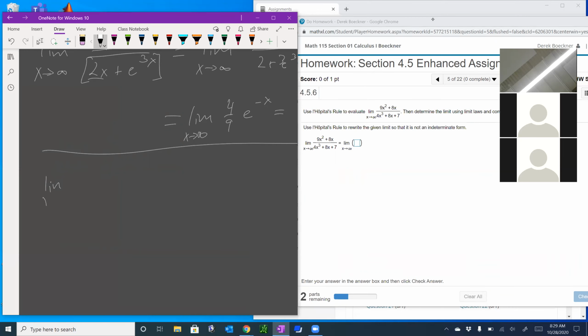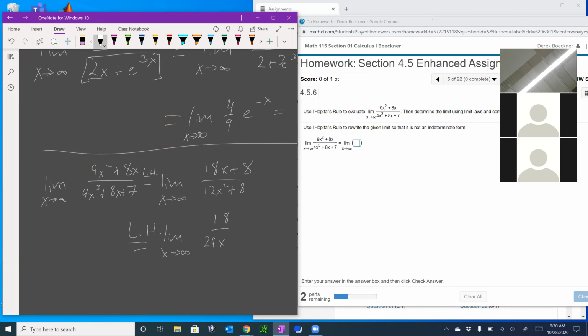Right now, this looks like infinity over infinity, so L'Hopital's rule says we can take the derivatives. 18x plus 8 over 12x squared plus 8. We can do it again since it still looks like infinity over infinity. And I get 18 over 24x.